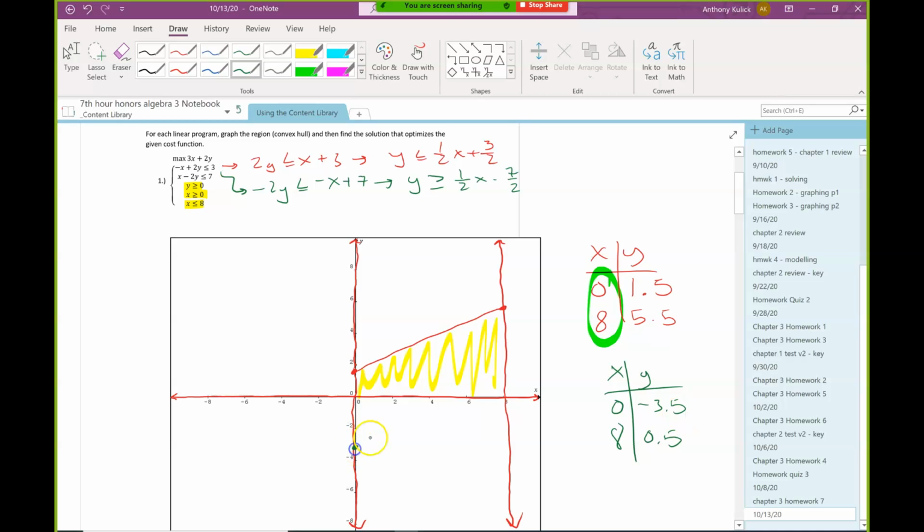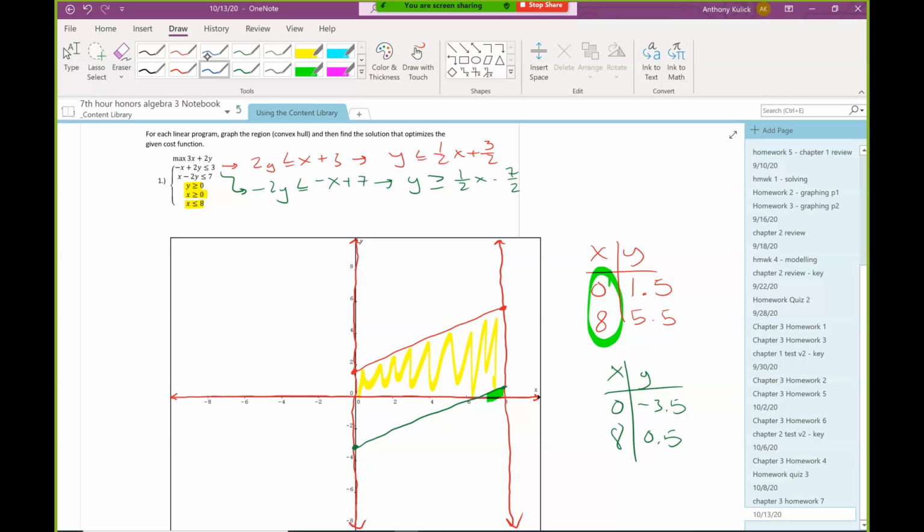So 0, -3.5 is maybe there-ish, and then 8 and 0.5 is maybe there. So what we've done is cut off that little corner of our solution space. So that part is no longer included. We didn't lose a whole lot, but we lost a little. Is everybody okay there?